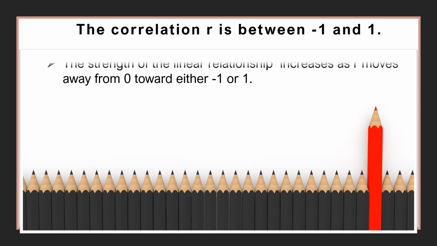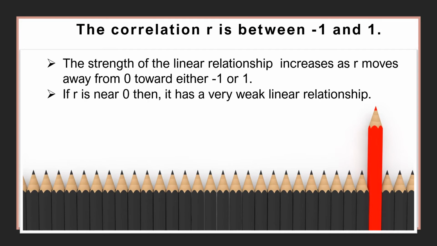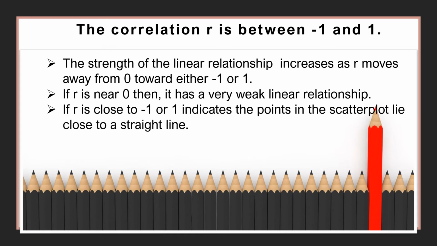The coefficient is always between -1 and +1. The strength of the relationship increases as r moves away from 0 towards either -1 or +1. If it is closer to +1 or -1, it has a strong relationship. If it is coming closer and closer to 0, then it has a very weak linear relationship.